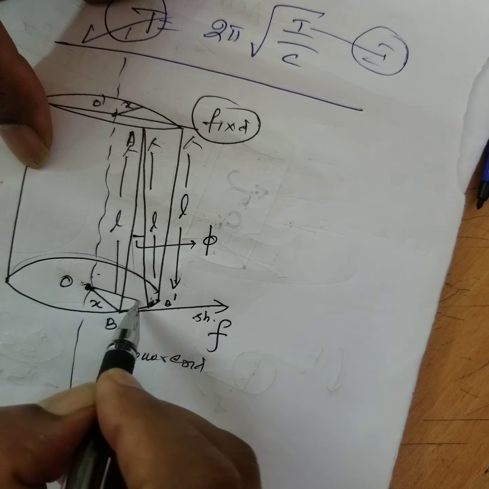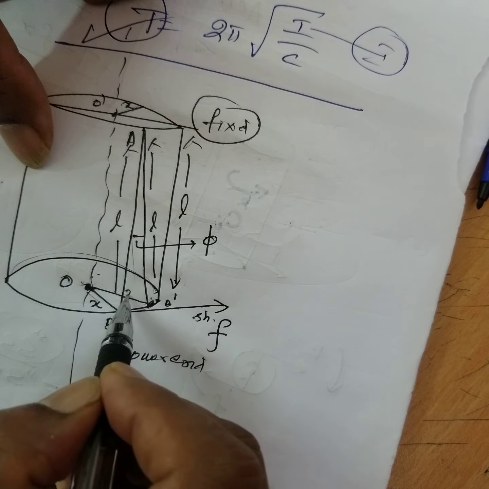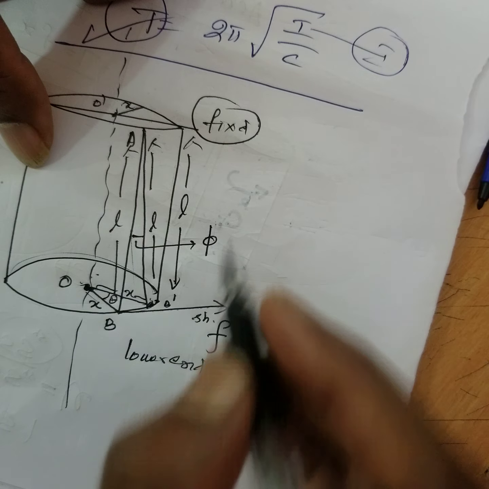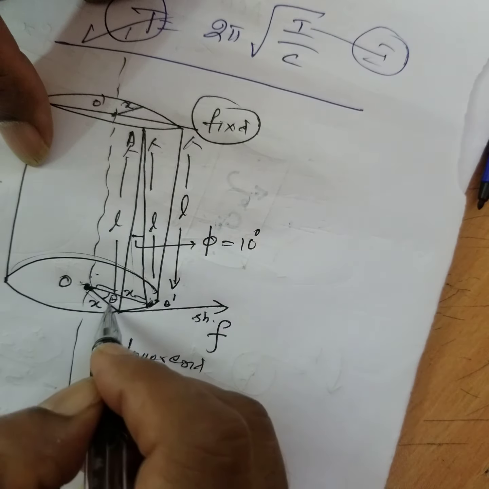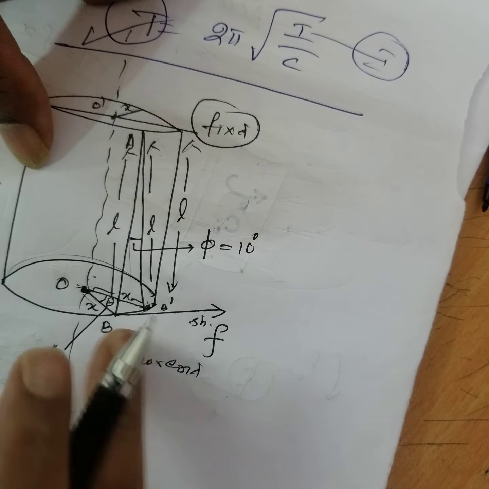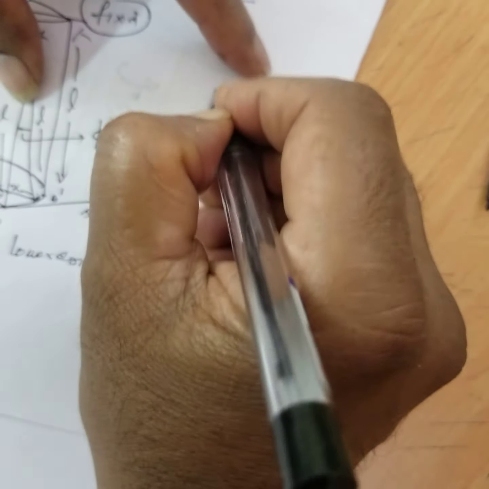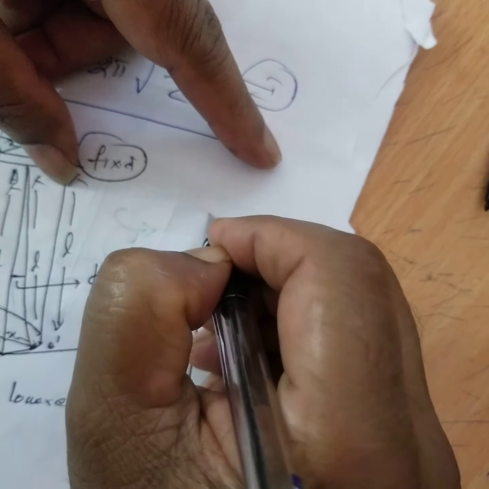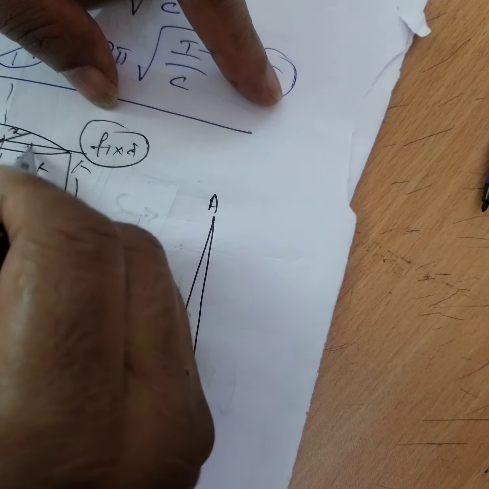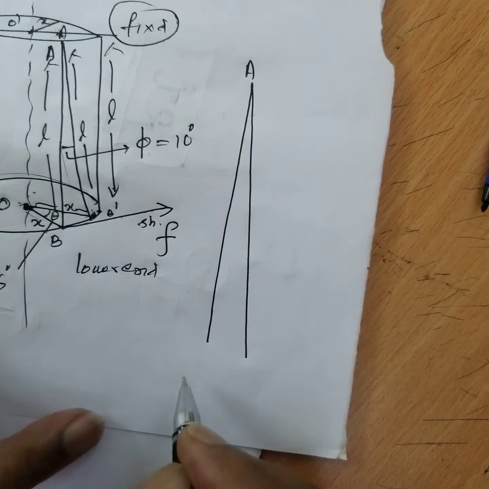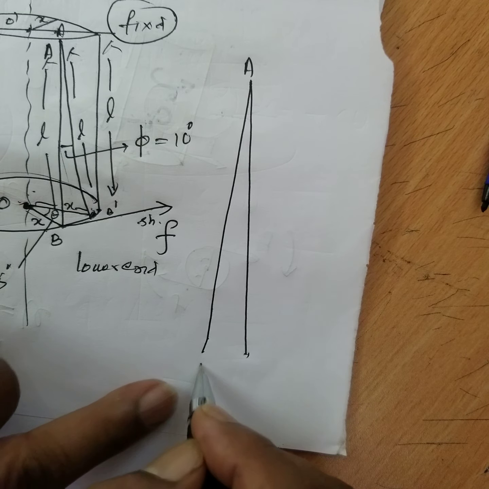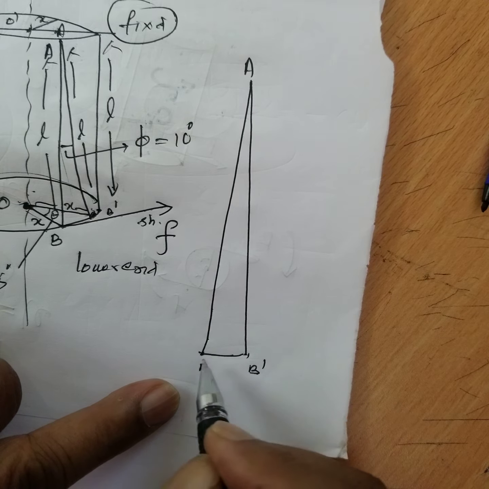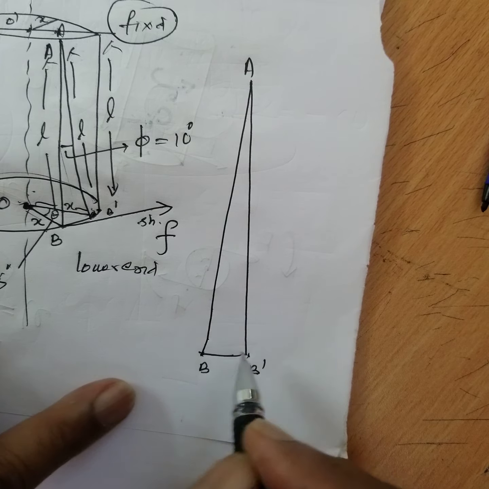Now what happened here? This is X, this is also X. This makes an angle theta. Suppose this may be 10 degrees, this may be 25 degrees. See, this is A, this is B dash. Because of this force, B changes to B dash.